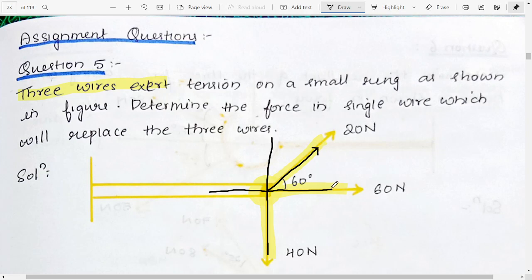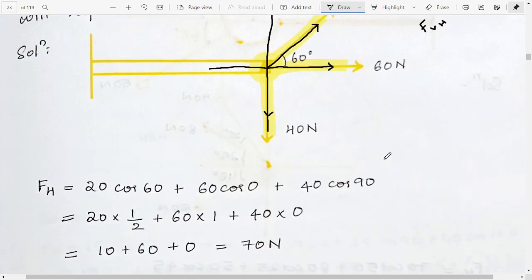Then here we have 60 Newton on this side, and we have 40 Newton on this side. Then we will calculate FV, then FH, and then we'll calculate R, then we'll calculate alpha, and so on.